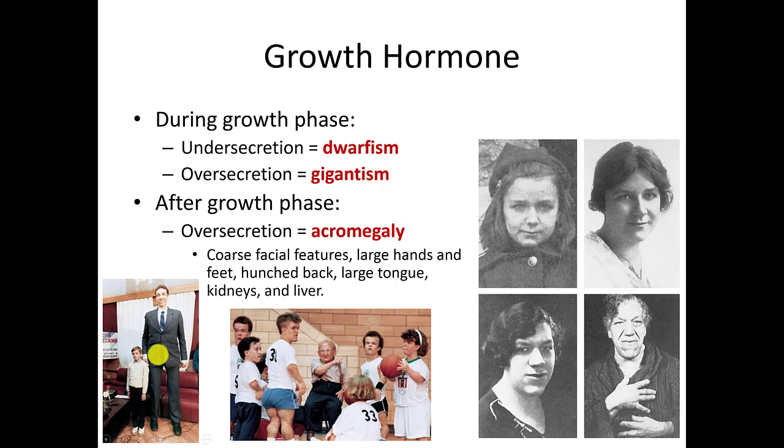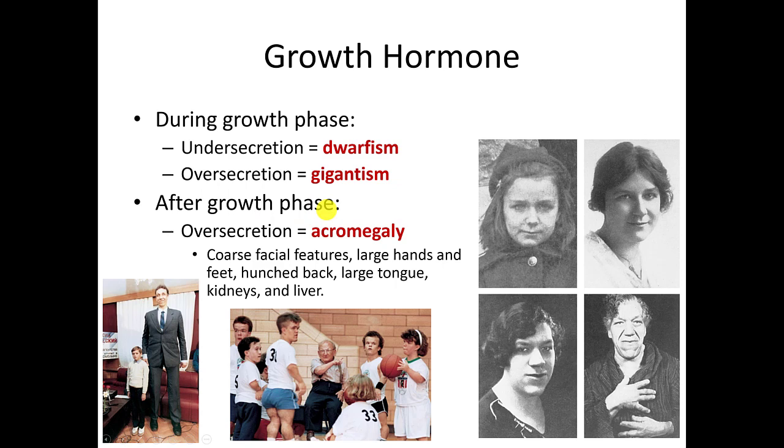So you can see here, these two boys, yep, I said boys, they are the same exact age. So they are still actively growing, but you can see this one clearly has gigantism. That is an oversecretion of growth hormone. An undersecretion of growth hormone during the growth phase leads to dwarfism. So you can see that here.